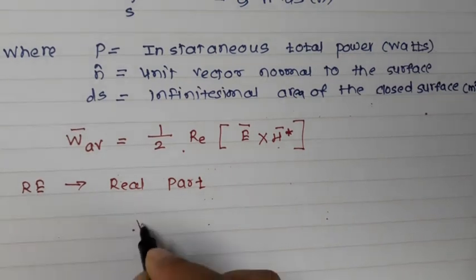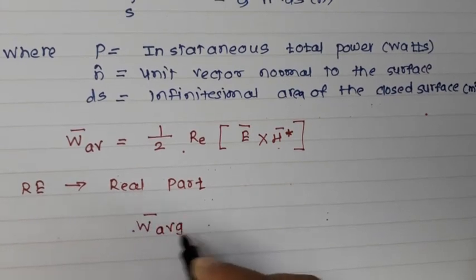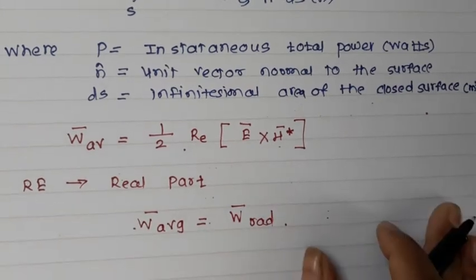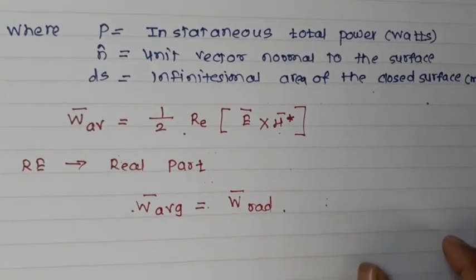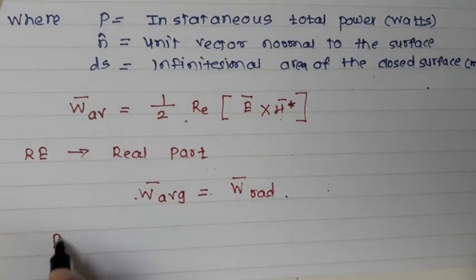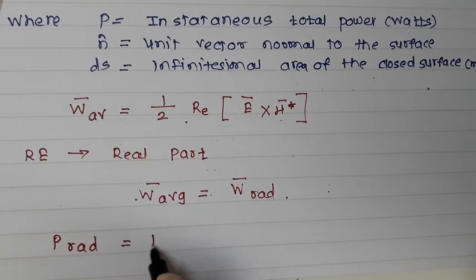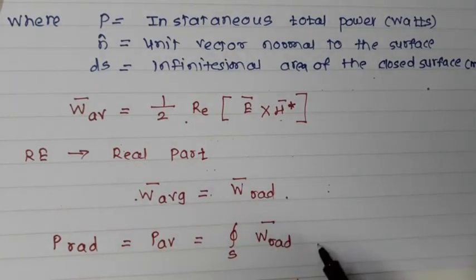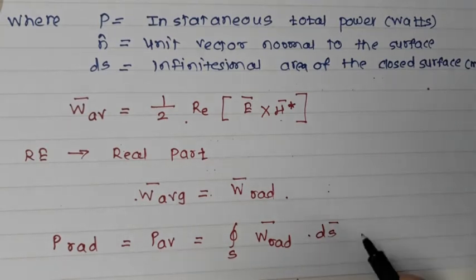So here we can say that this average is equal to the radiated power. By replacing W radiated by W average in the above equation, the power radiated, or the average power, can be calculated by P radiated equal to the closed surface integral of W radiated over the incremental area.